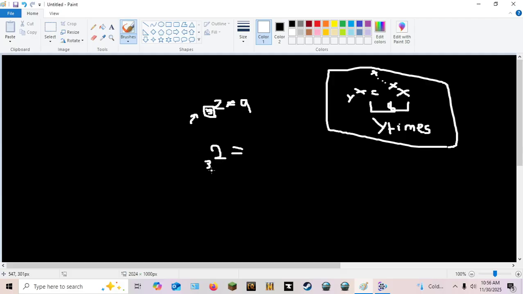So we gotta tetrate 2 3 times. So 2 tetrated to 2 tetrated to 2. Now, just like in tetration, we gotta do the upper exponents first, and then just like in pentation, we gotta do the tetration heights.